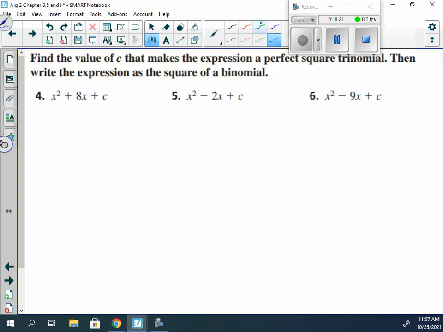For any of these here, c is equal to b over 2 squared. Now for this one here, what is the value of b?